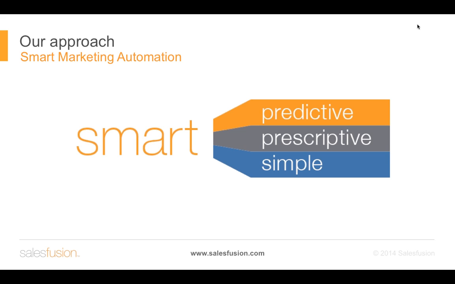We think smart is based on making these products easier to use, so you'll see the word simple here, anticipating the things that need to be done and wrapping those around best practices and domain knowledge, which is the prescriptive element of our strategy. And then, more importantly to today's discussion, to use data and data science to predict, or at least give us indications of where we should be spending our time, what's working, and what's maybe not working as well as it needs to.